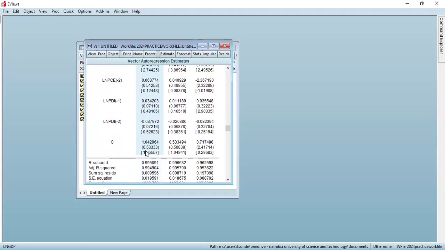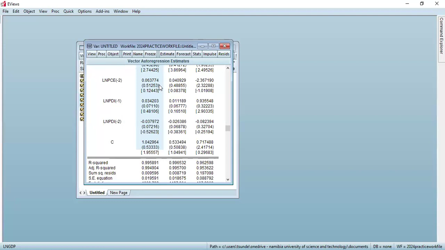So it's actually similar to the equations that I wrote earlier, right? It's similar because each equation has 2 lags. This is what I explained earlier, that in EViews, all these 3 variables, GDP, PCE, and PDI, are given the same lag length.